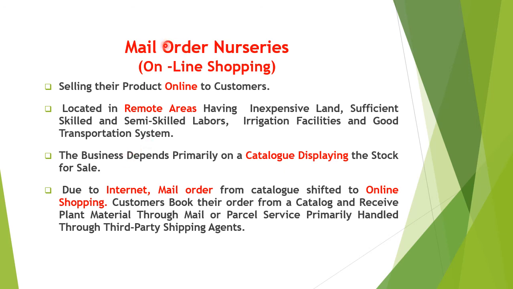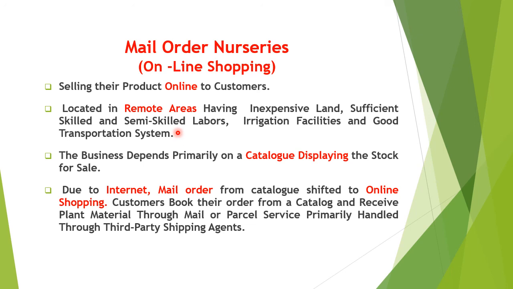The last one is called the mail order nurseries, or now they are named online shopping. They sell their product online to consumers, located in remote areas having inexpensive land, sufficient skilled and semi-skilled laborers, irrigation facilities, and a good transportation system.